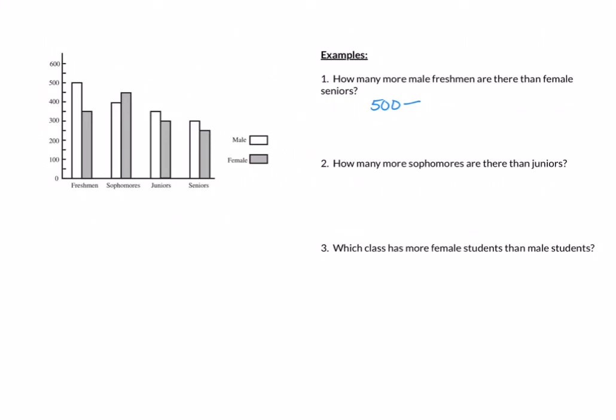We want to know female seniors, so I'm going to come over to my seniors, my gray bar, and trace it over to here. It looks to be about 250. That's halfway between 200 and 300. And if we subtract this, we get 250.